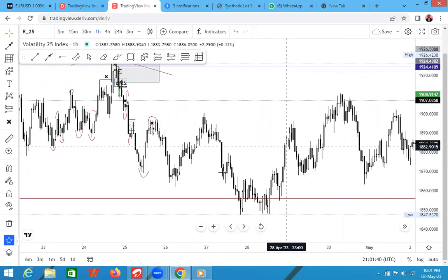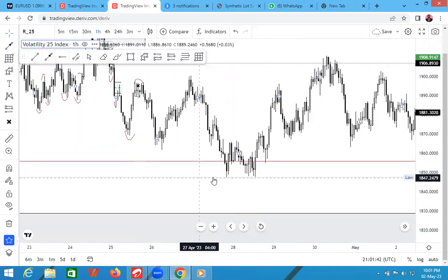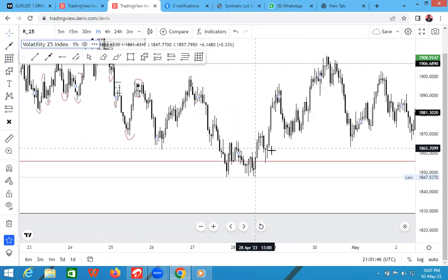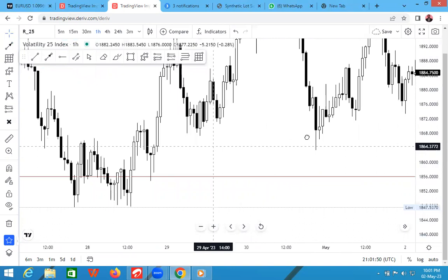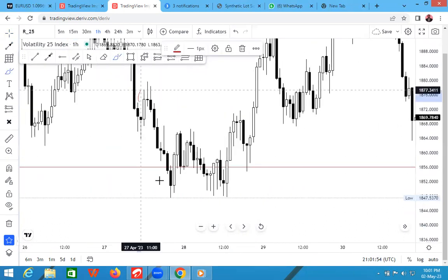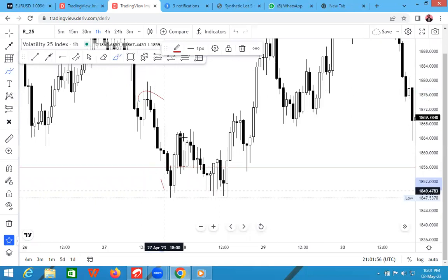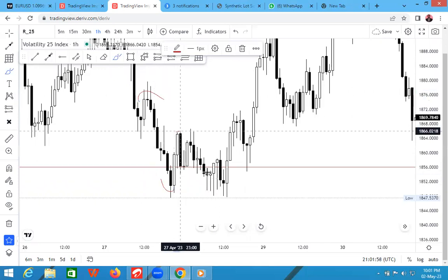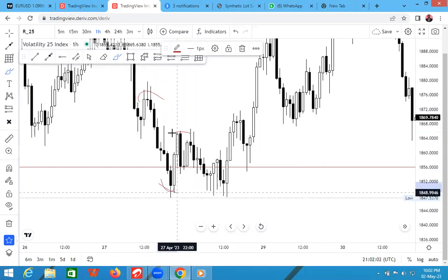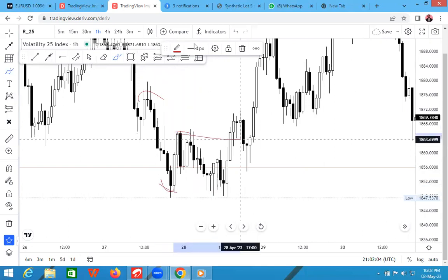Okay, price has come to the 50% of the imbalance. What am I expecting? A break of structure. Now watch. Let me zoom this out. The price gave you a high. Price gave you a low. Price gave you a high. Price didn't close below. So this was still below and price broke this place. So that was my break of structure.